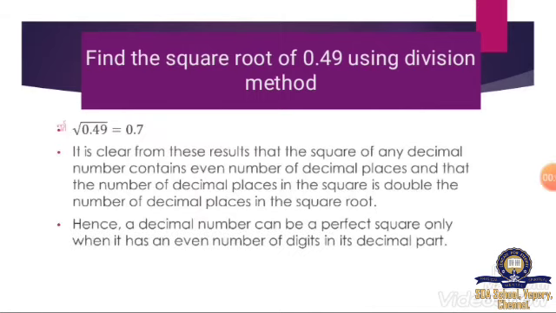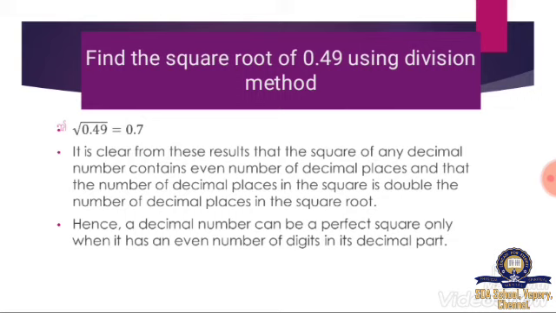Since it is a decimal number, what we do is pair the number from the left. So the number is 49. We already know that root 49 is 7. So from this decimal fraction the answer is 0.7.